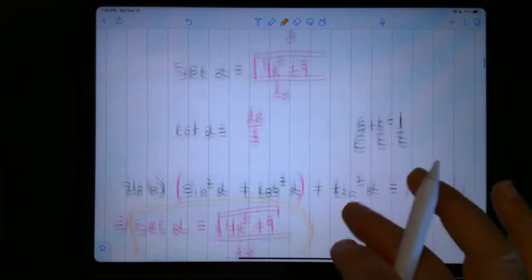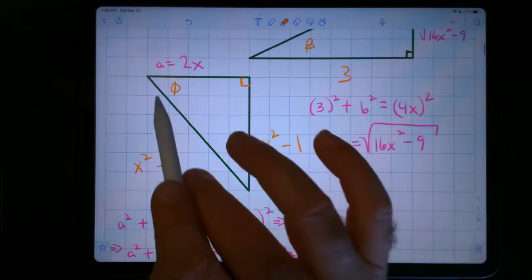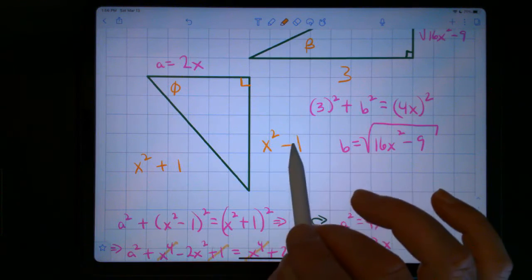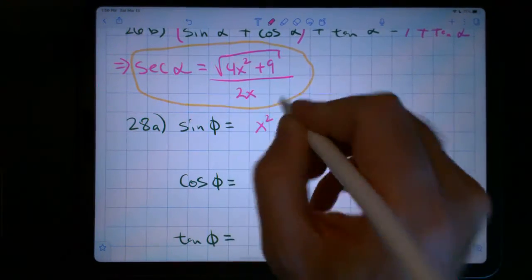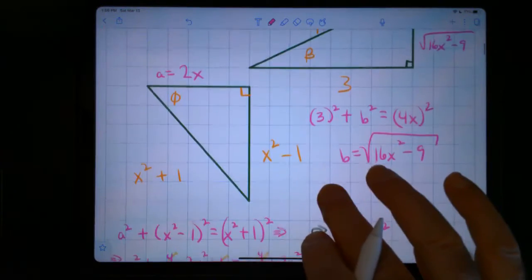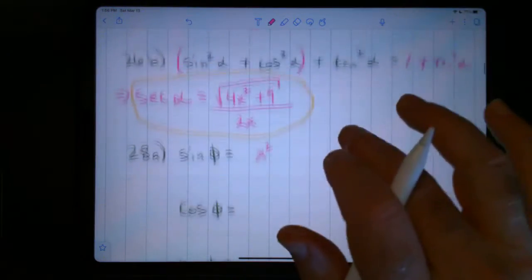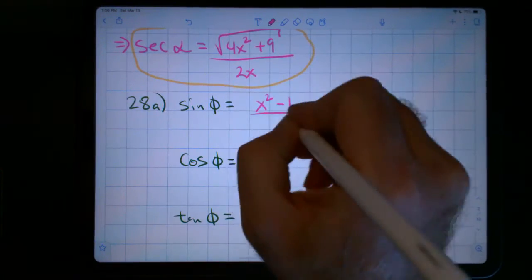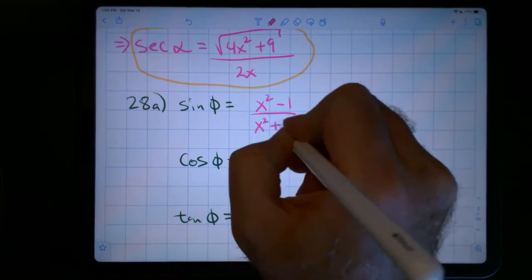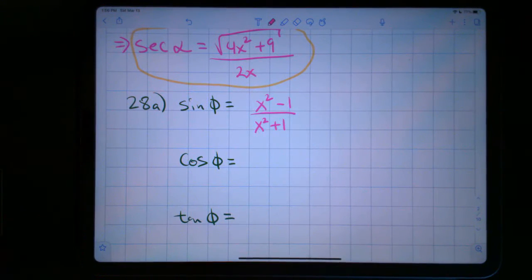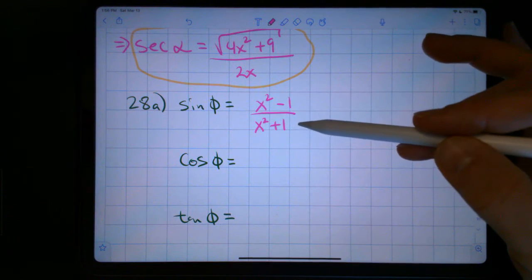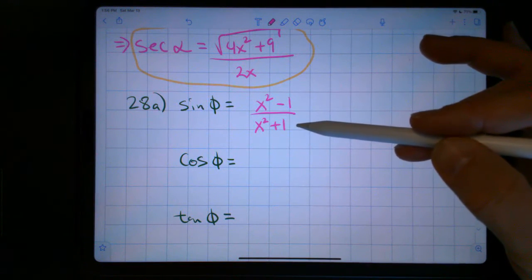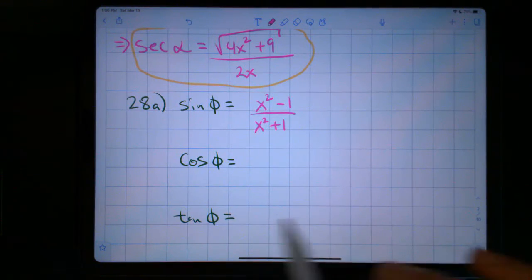Sine of phi. So sine of phi is going to be opposite over hypotenuse. And the numerator is a difference of squares, but the denominator can only be factored in the imaginary numbers, so I'll leave that alone.